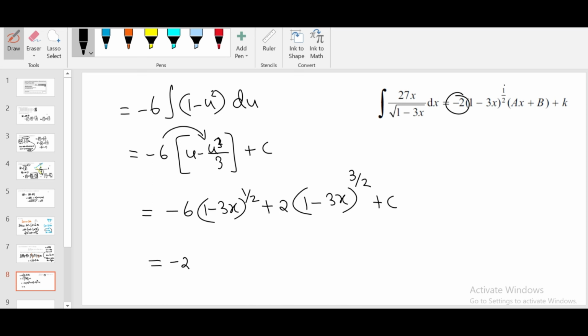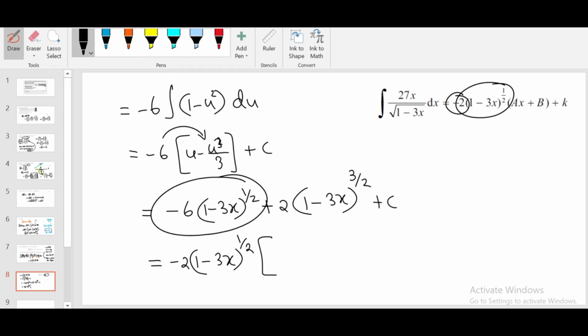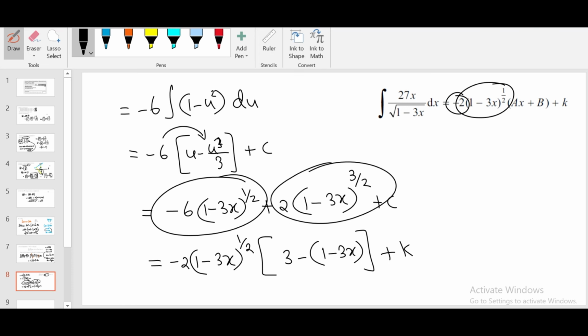And then 1 minus 3x power half as a common factor out, okay? So in the first term you will be left with only 3. In the second term you will be left with, because you have taken minus 2 out, only 1 minus 3x power 1, plus, put it as k, not c, they want k.